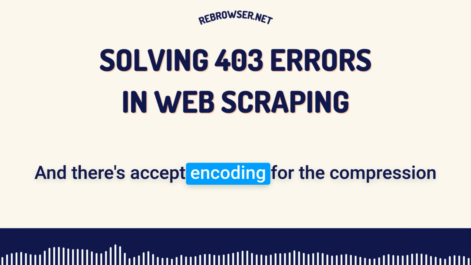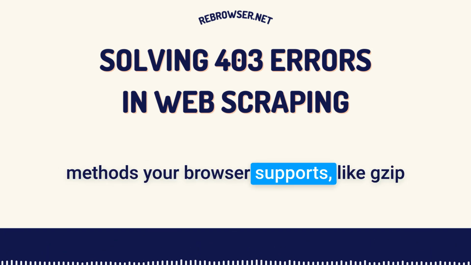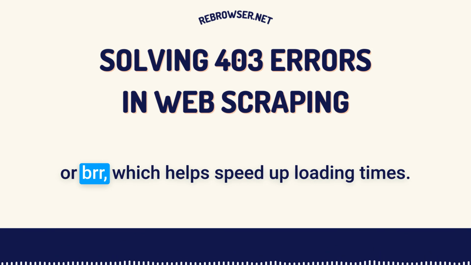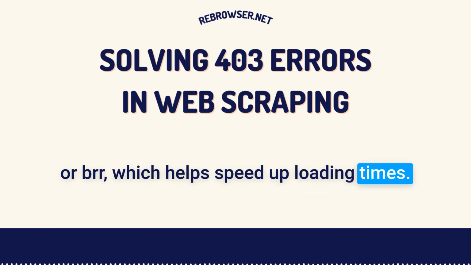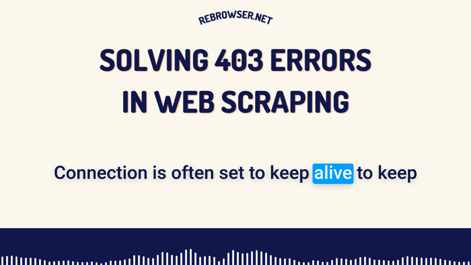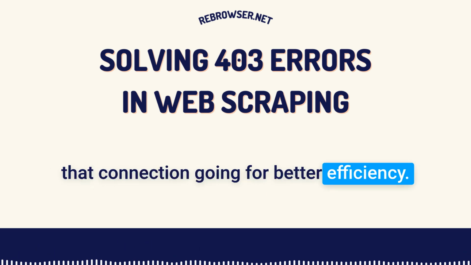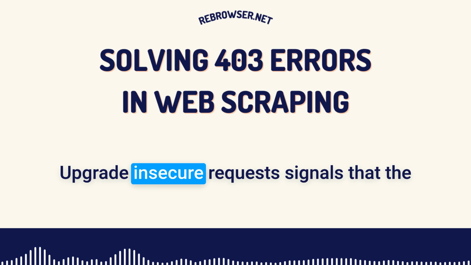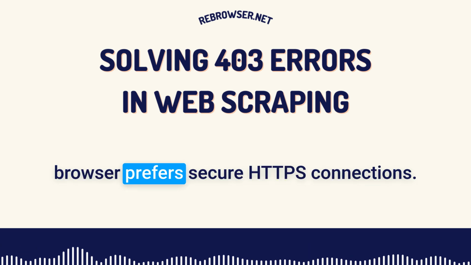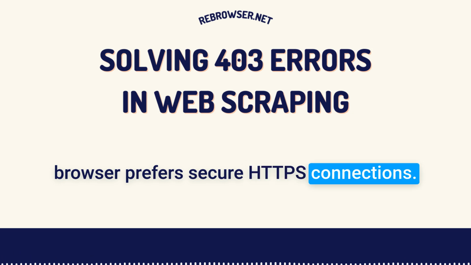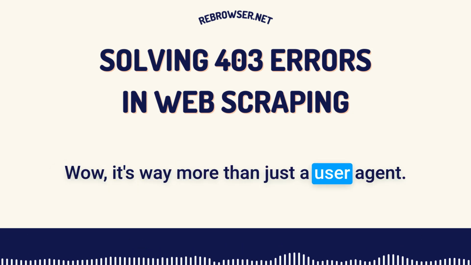And there's accept encoding for the compression methods your browser supports, like gzip or brotli, which helps speed up loading times. Connection is often set to keep-alive to keep that connection going for better efficiency. Upgrade-Insecure-Requests signals that the browser prefers secure HTTPS connections. Wow. It's way more than just a user agent. You said it.